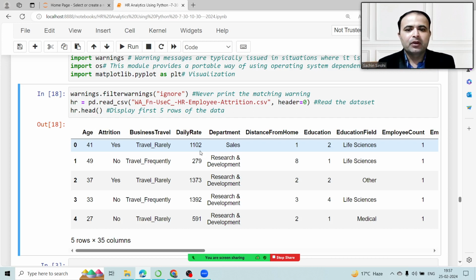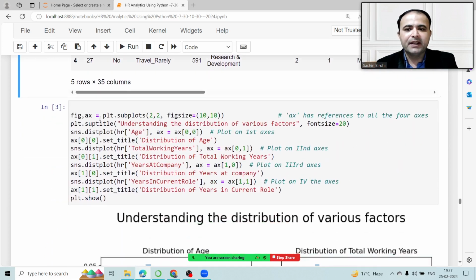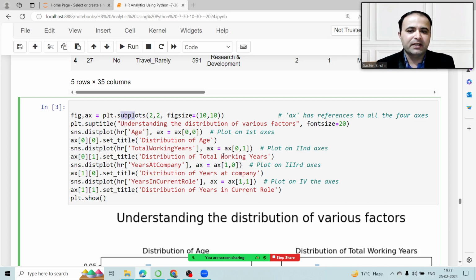In this topic, my main intention is to cover all the challenges and problems in the employee database. When we load the database successfully, I create a subplot with a figure size of 10 by 10, split into 4 axes, a 2 by 2 matrix. Then I use a Seaborn function, the dist plot, for the column age on axis 0,0, and set the title.